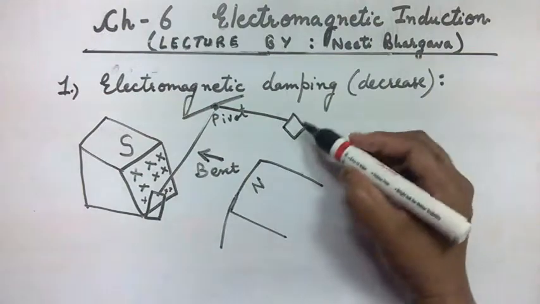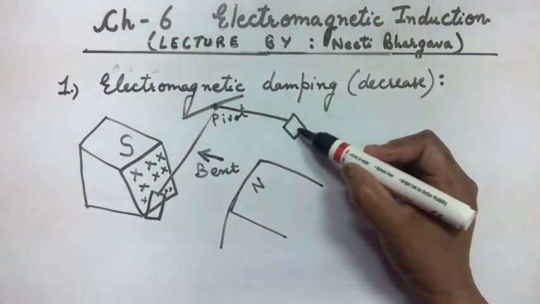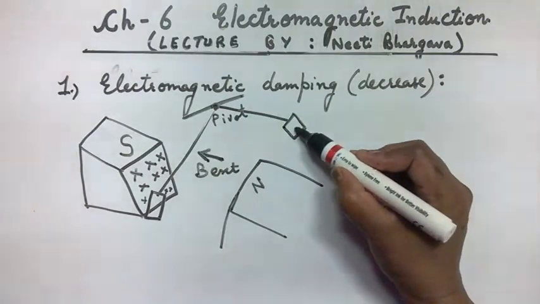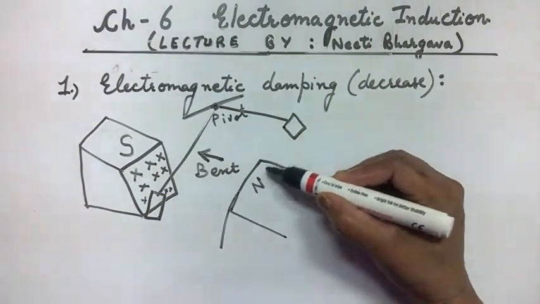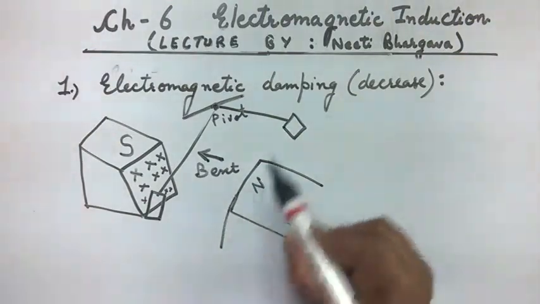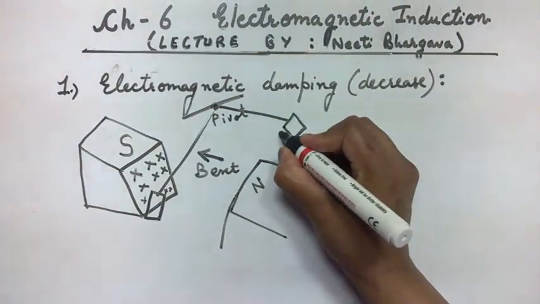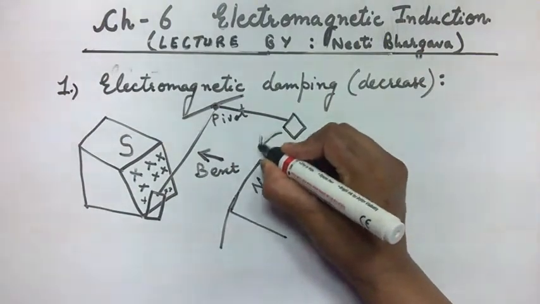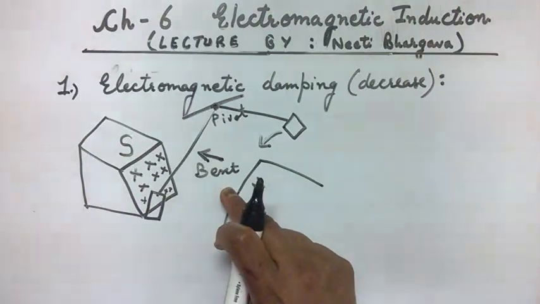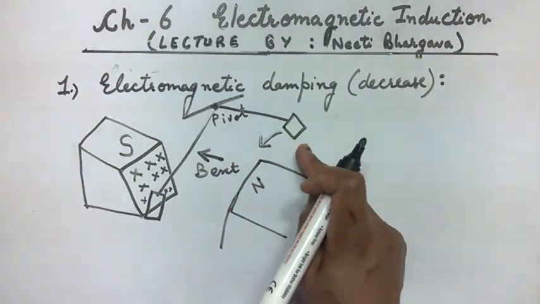Now the direction of induced current obeys Lenz's law. Therefore, the direction will oppose the cause which is producing it, and here the cause is the external magnetic field. When the disc is entering this magnetic field, the magnetic field lines through it increase, so it will oppose that increase.